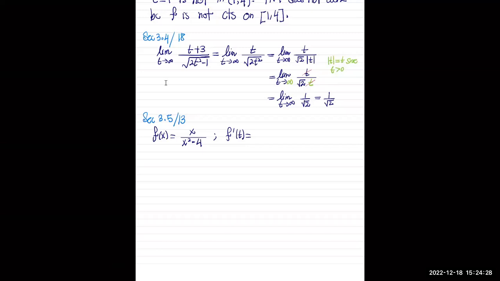Yeah, good. The first derivative. That looks too good to be true.